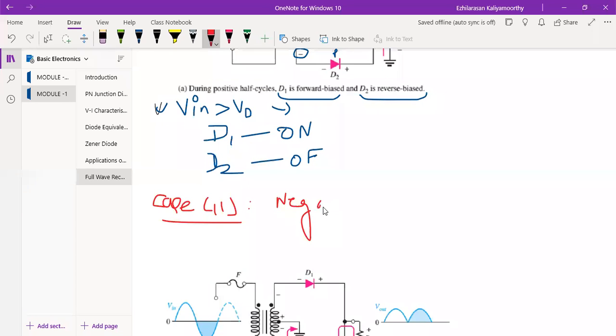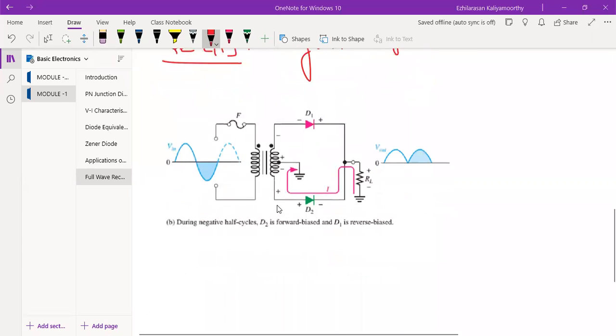During the negative cycle, I can say, so now you see, during this negative cycle, you don't think about the input. Okay, now we are going to see about this negative cycle.